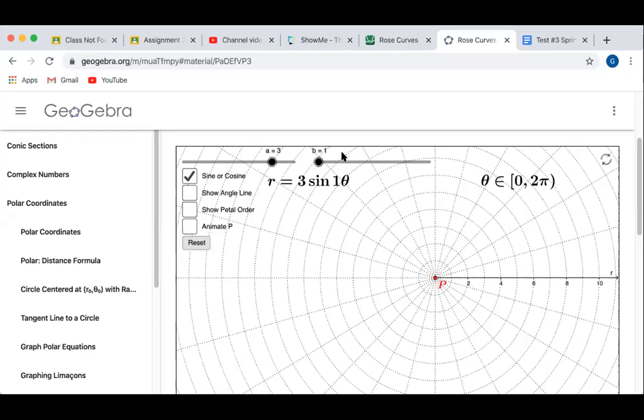Also useful, if I make this a 2 and I say show angle lines, show petal order, a lot of stuff Mr. Stir made, we can see the order that the petals happened. You could also see the red ones are for when it was below the x-axis.